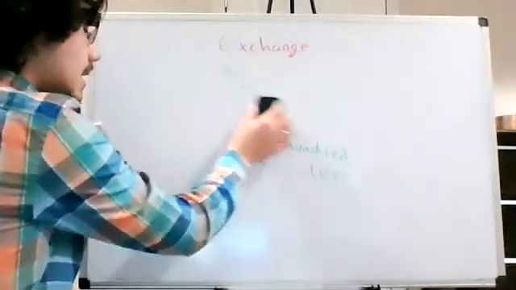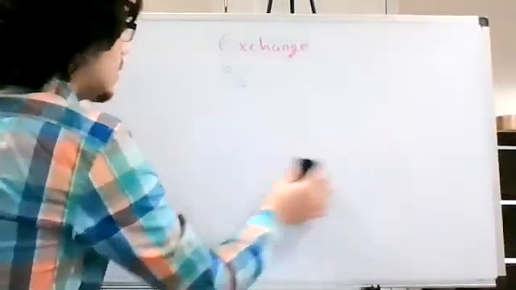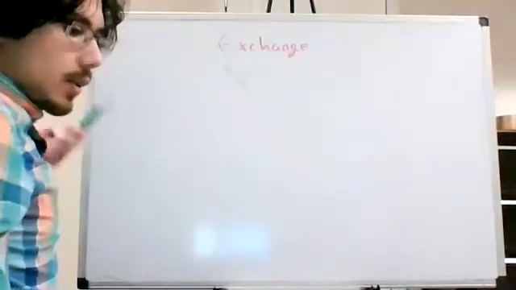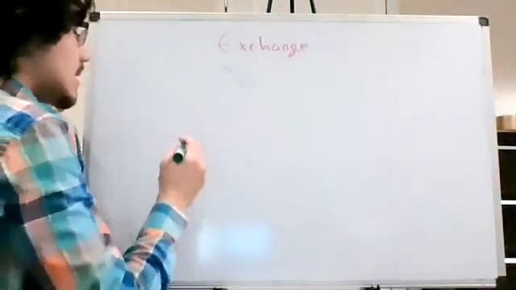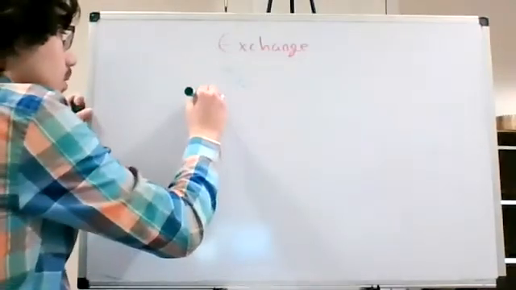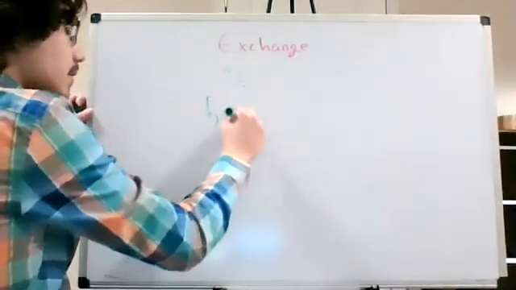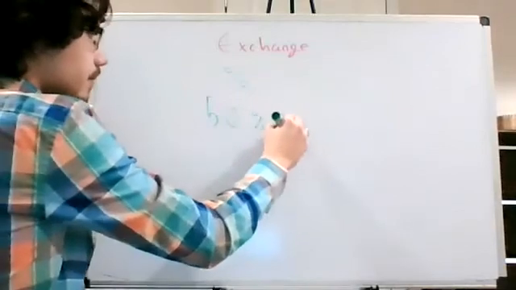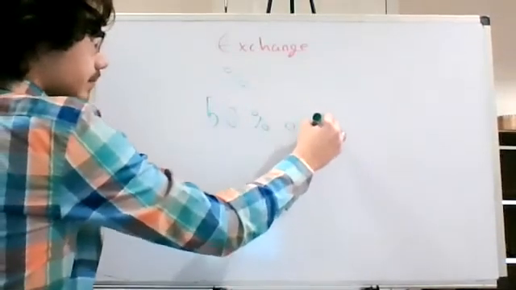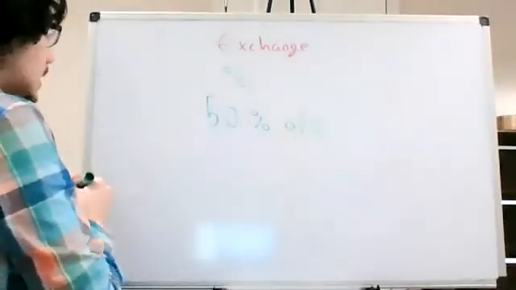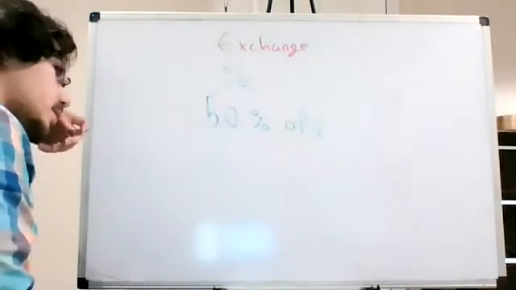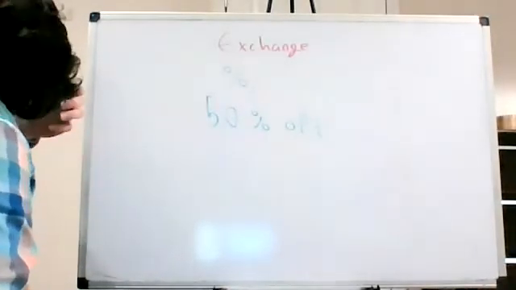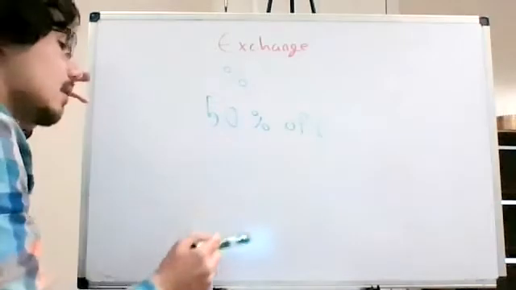So the percent is what we are going to be using for most of these. At the store, what may happen is that you will see a sign that says 50% off. And the 50% off refers to whatever item is under the sign usually, or advertised on the sign.